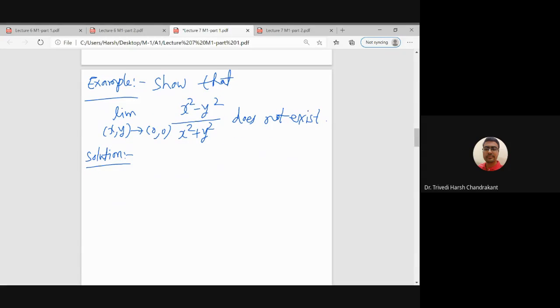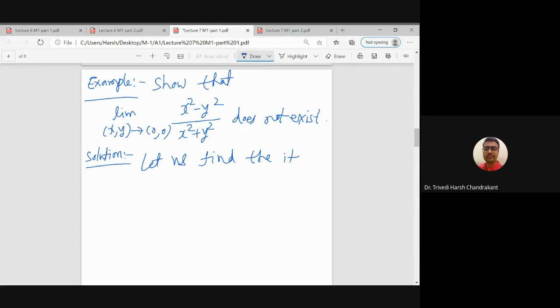So first we'll apply the iterated limits. That is our first step. So let us find the iterated limits.